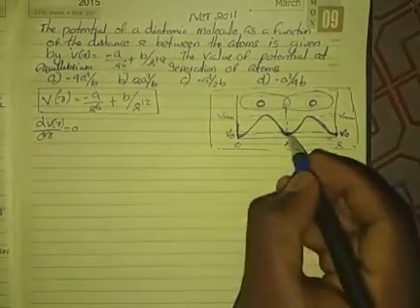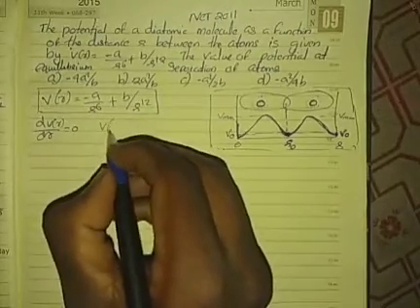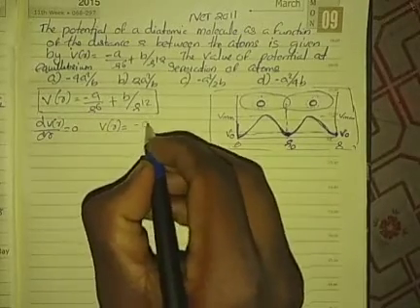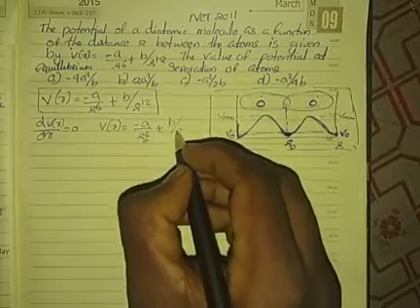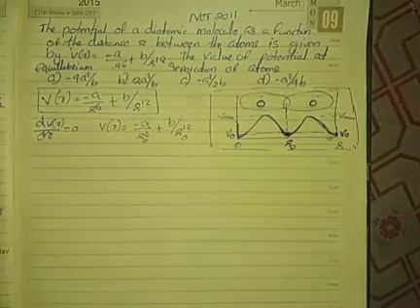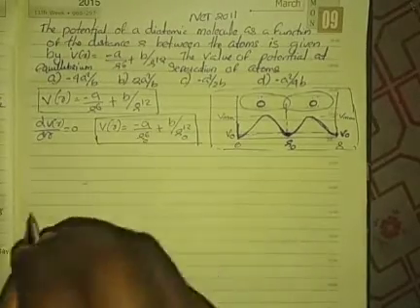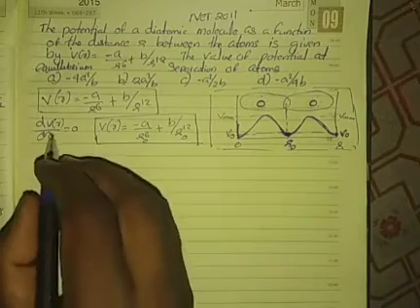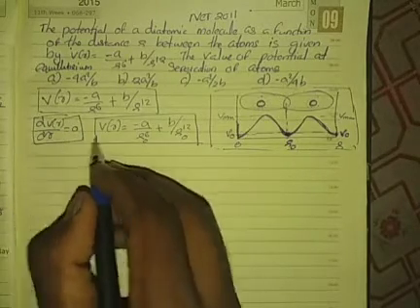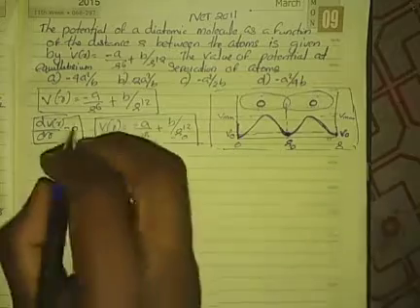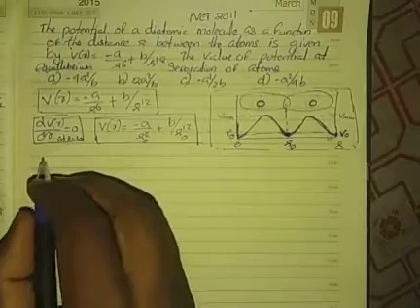So the potential V of r at minimum will be minus a by r0 raised to 6 plus b by r0 raised to 12. That's the potential at equilibrium, and that's what we need to find out. Before that, we put out this condition: dV of r by dr will be 0 at r is equal to r0. That's all we need.